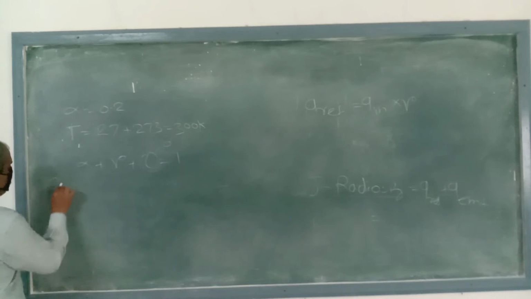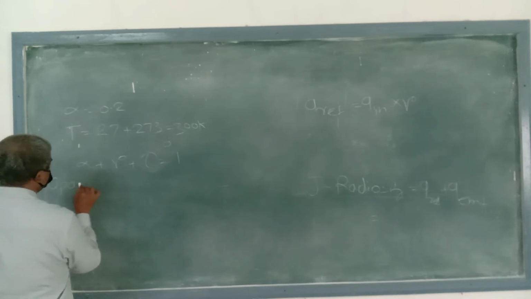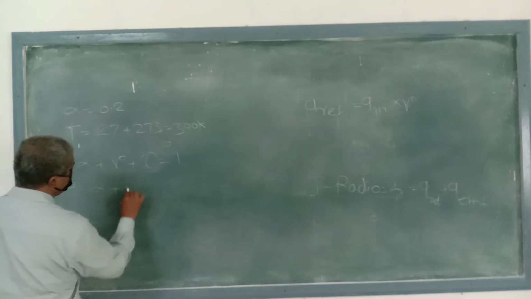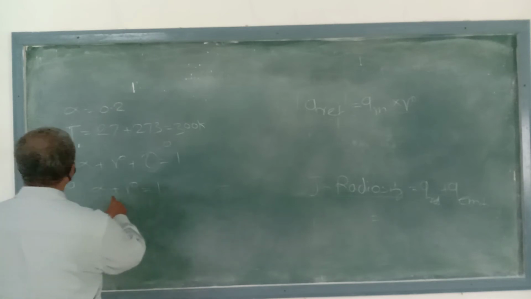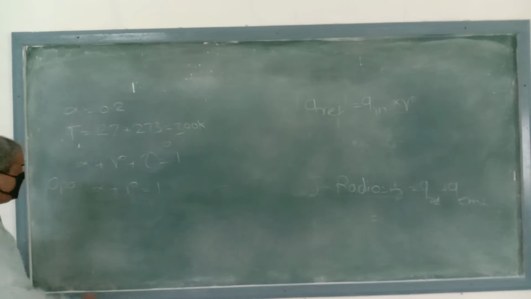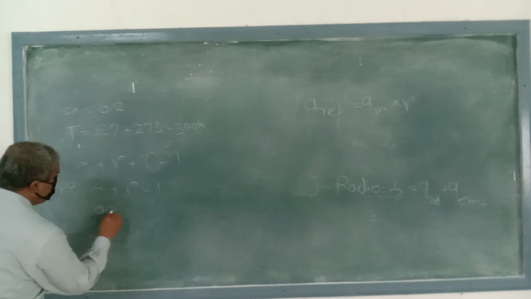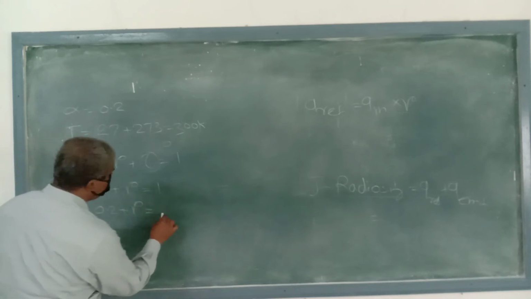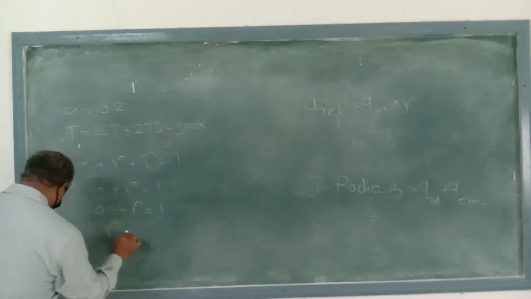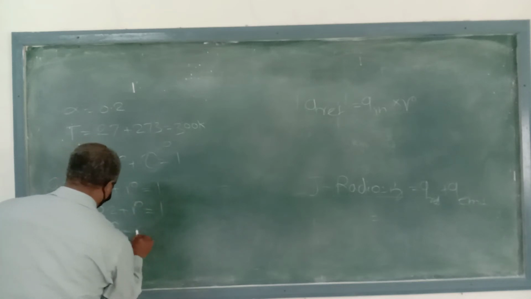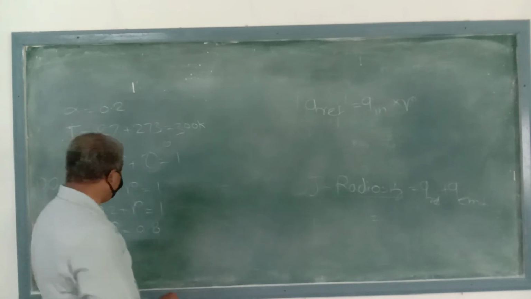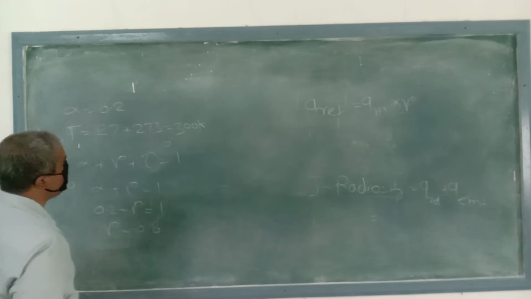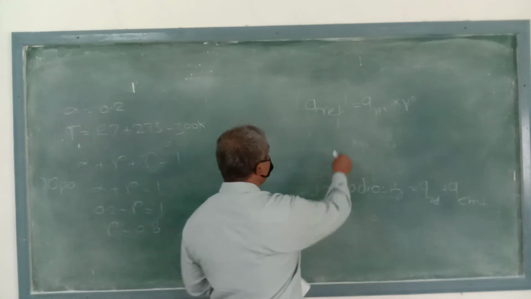So for an opaque surface we know that the equation modifies to alpha plus gamma is equal to 1. Now in this equation alpha value they have mentioned. So alpha value 0.2 plus gamma is equal to 1. So gamma becomes 0.8.